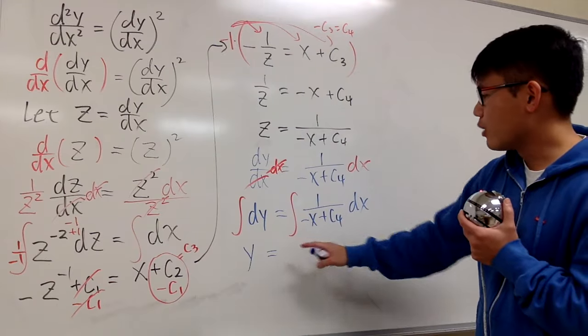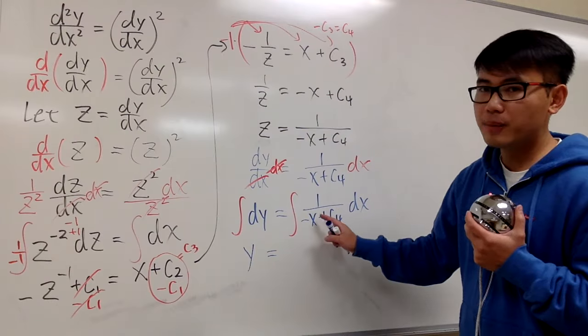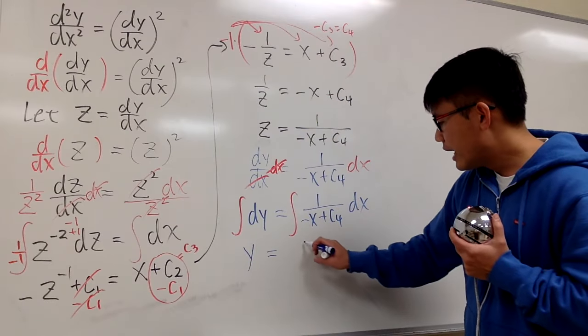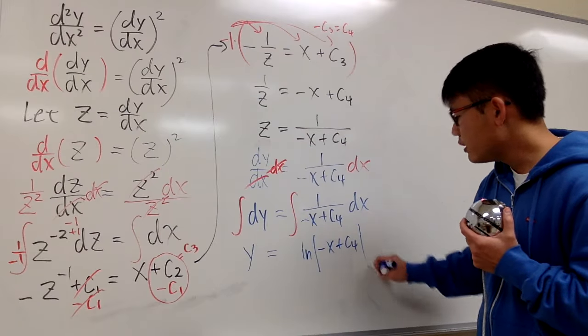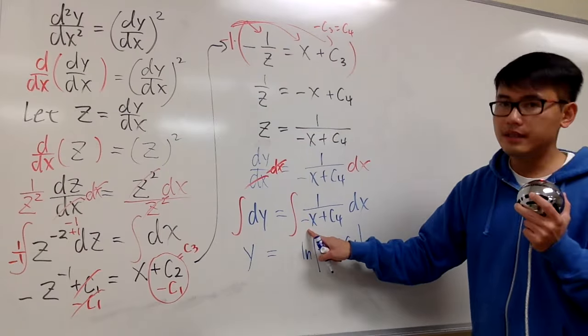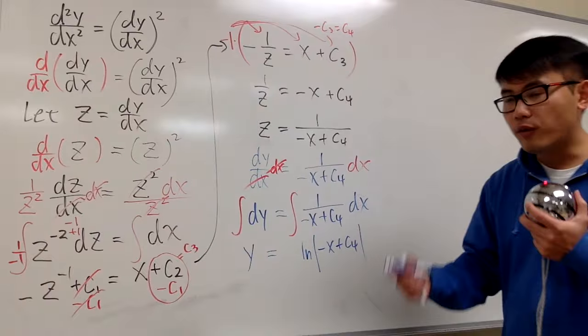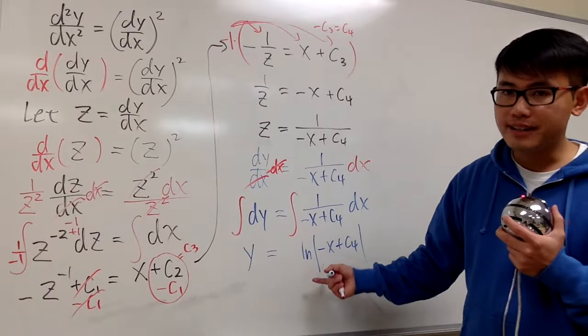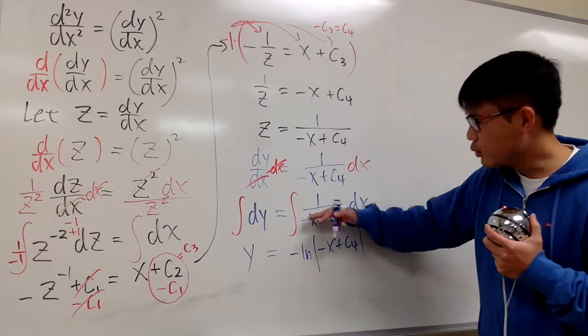Alright, integral of 1 over -x plus c4. This is just a linear term, right? So we know we will get ln absolute value of this, -x plus c4. However, the derivative of -x plus c4 is -1. Therefore, we have to divide this by -1. It's the same as just saying negative that. So this is the integral of that.